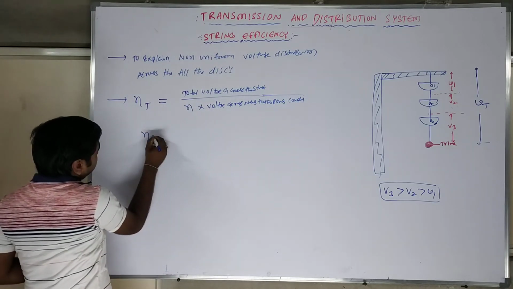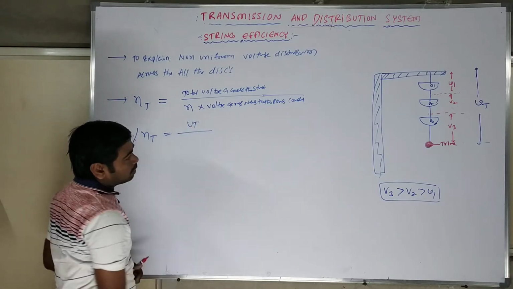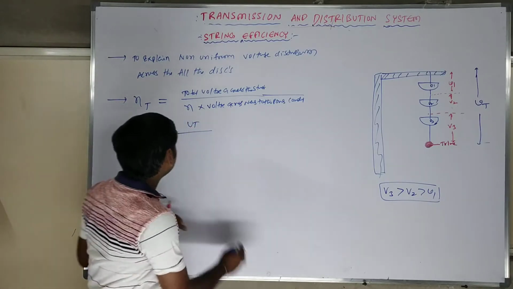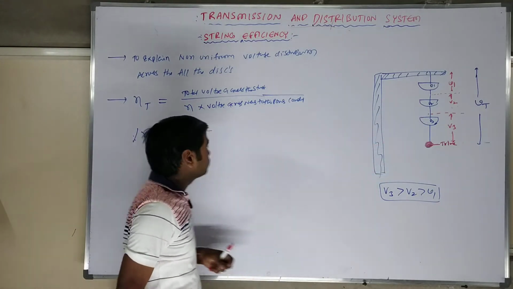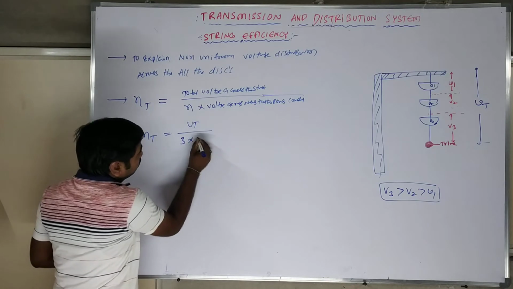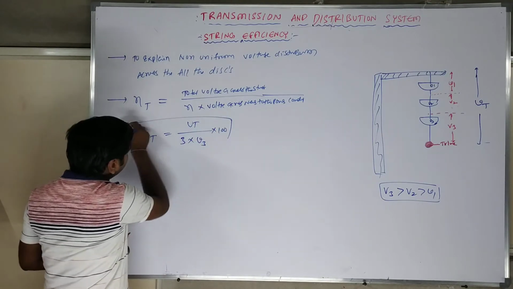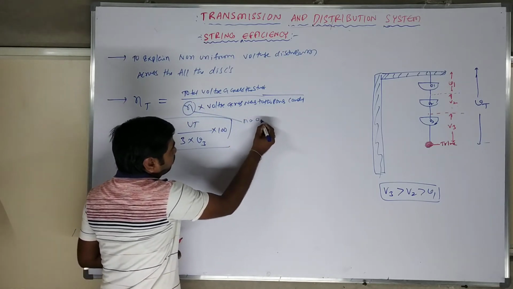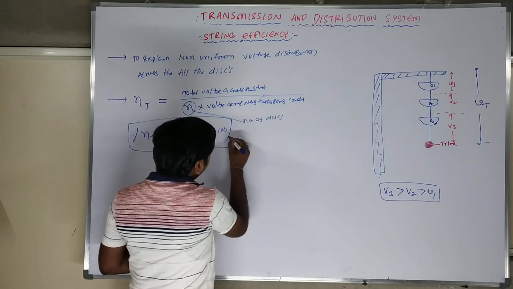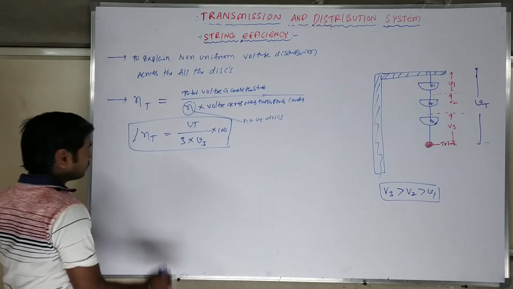The string efficiency in terms of percentage is V total divided by n times V3, times 100. Take an example: how many discs will be there? 1, 2, 3 discs. So 3 times the voltage across the topmost disc, times 100, where n is the number of discs.